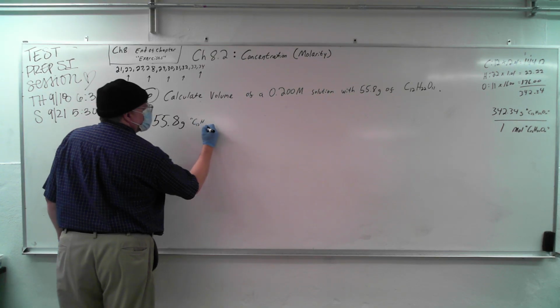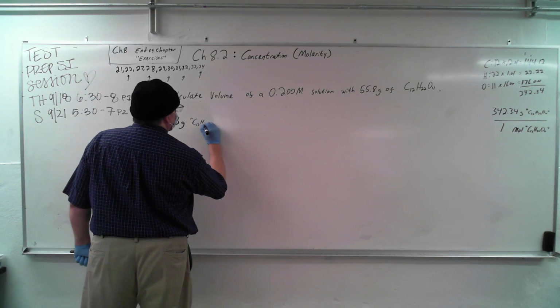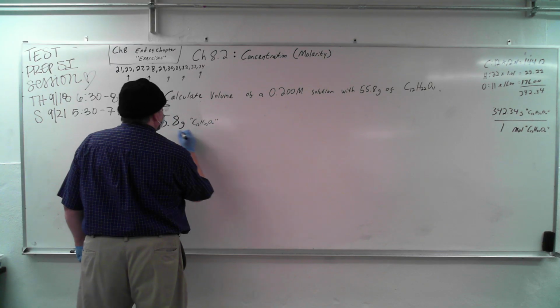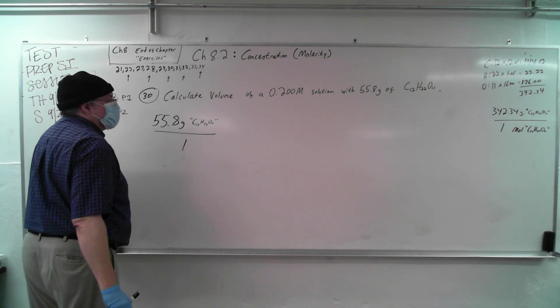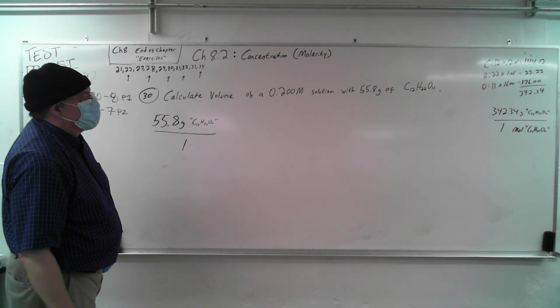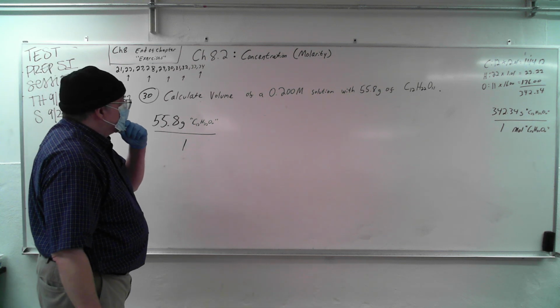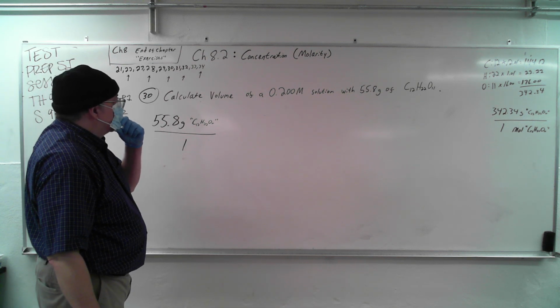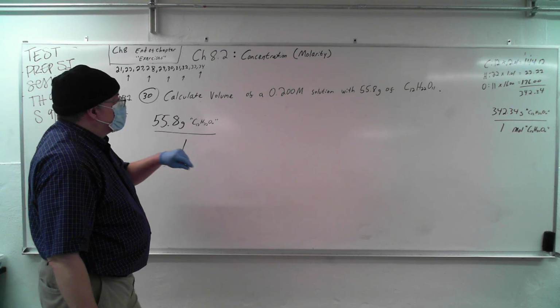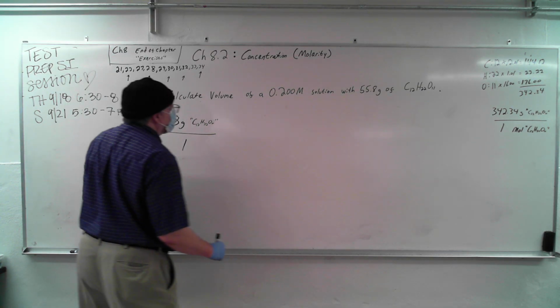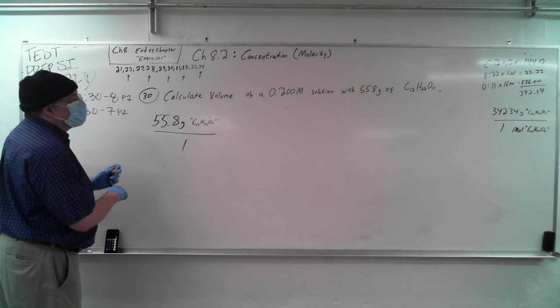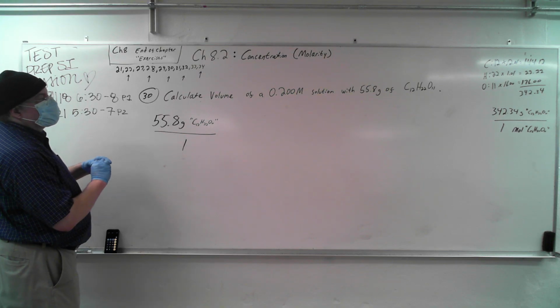C12H22O11. We'll use the grams per mole here to get moles on top. I'm trying to get to a volume. So I'll put moles on top. We don't want to start with that.